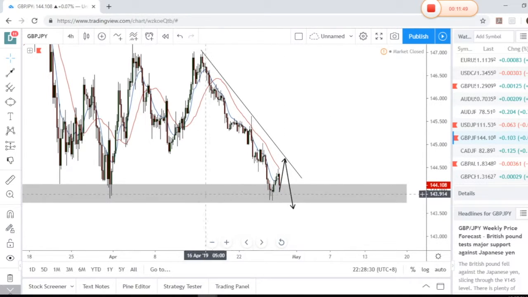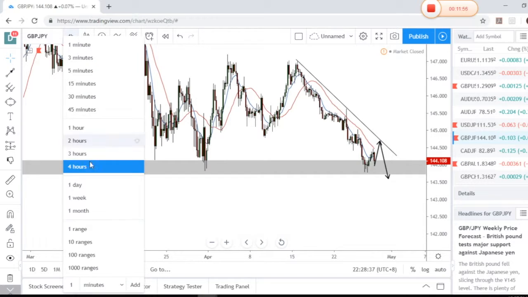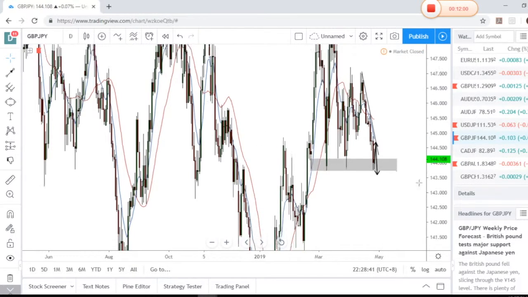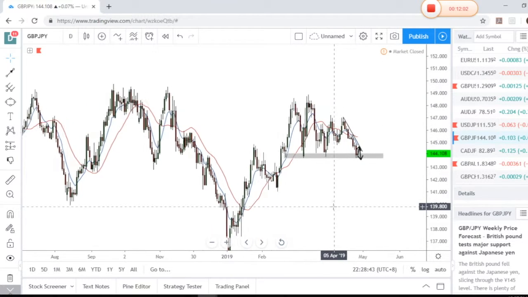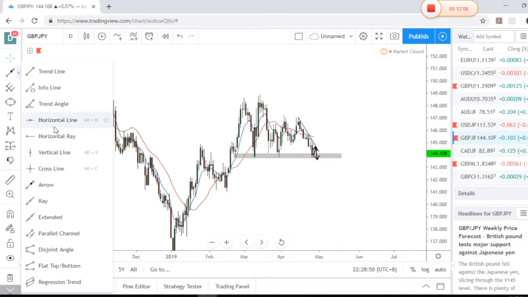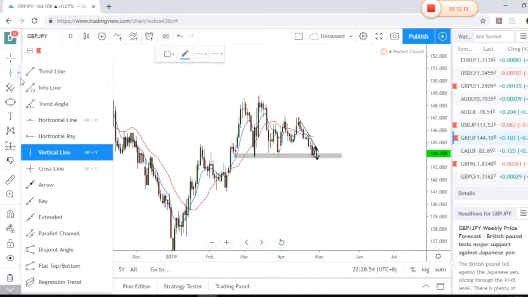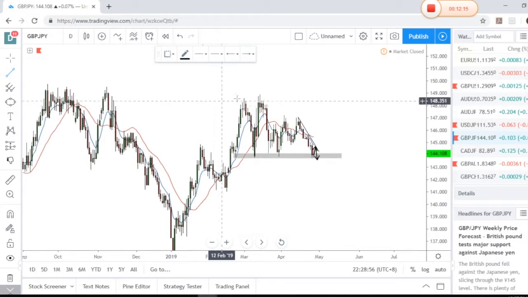If it does manage to close below this area one more time, most likely the price is going to break out from this consolidated area. If the price does close below this consolidated area, we can see a strong big bearish movement coming in the future. So let's measure for a while. Okay, we take from the highest.